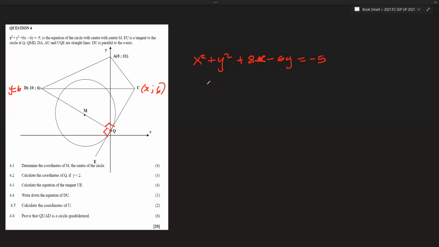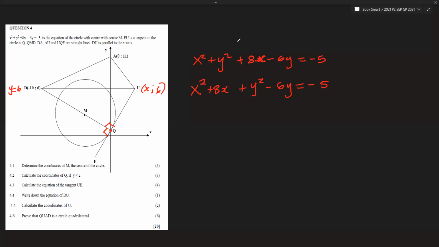So I'm going to write it in standard form, because in standard form I can easily extract the center. I need to group the x's together. So x squared plus 8x plus y squared minus 6y equals -5.